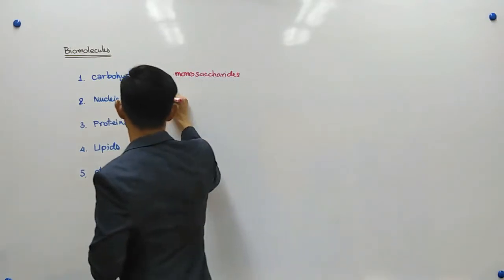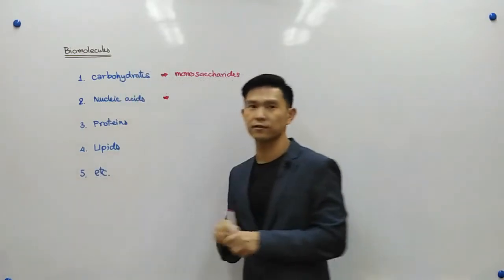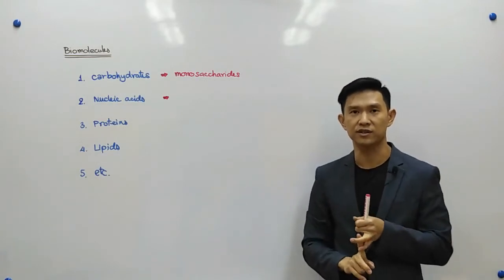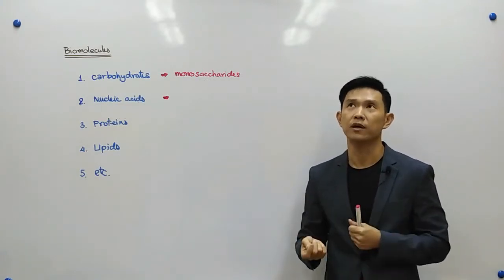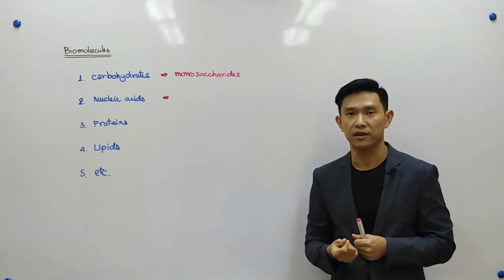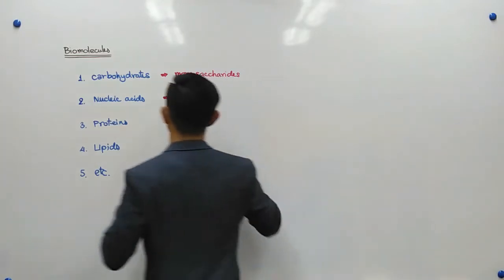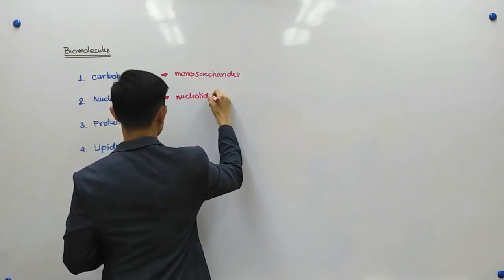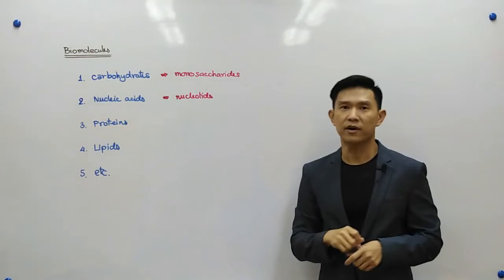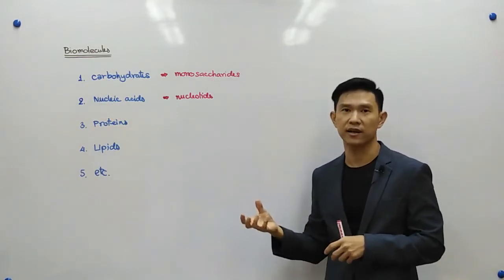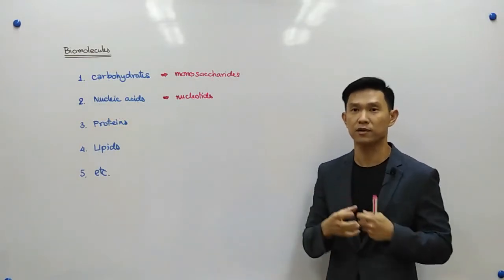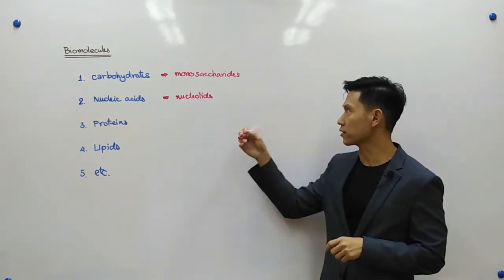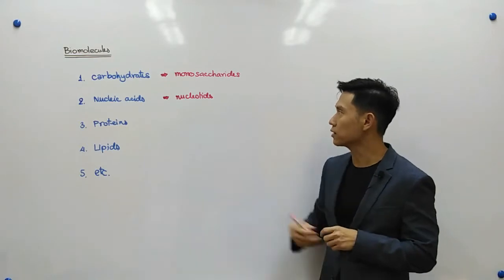The nucleic acid. There are two types of nucleic acid, DNA and RNA. Nucleic acid can be called a polynucleotide. So the building block of the polynucleotide is a nucleotide. As you can see, carbohydrates are the monosaccharides and their derivatives and polymers, and nucleic acid is also a polymer constructed from a building block called nucleotides.